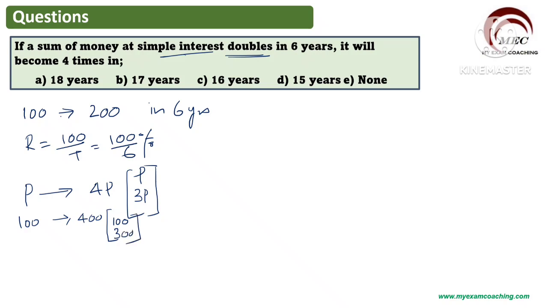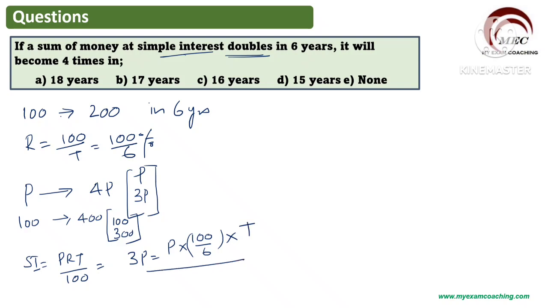So SI is equal to PRT by 100. That means 3P is equal to P into R, which is given as 100 by 6, into T. T is in how many years? That is what we need to find out, divided by 100.